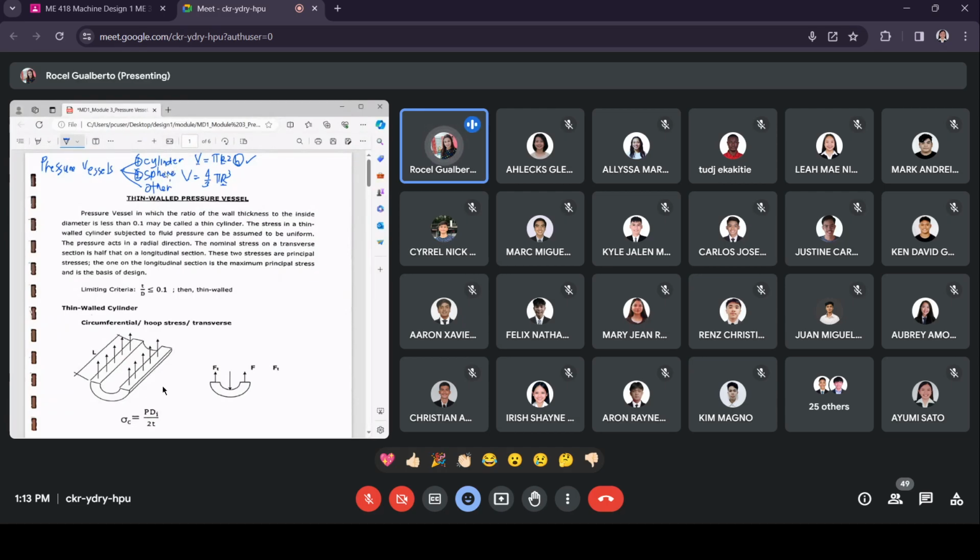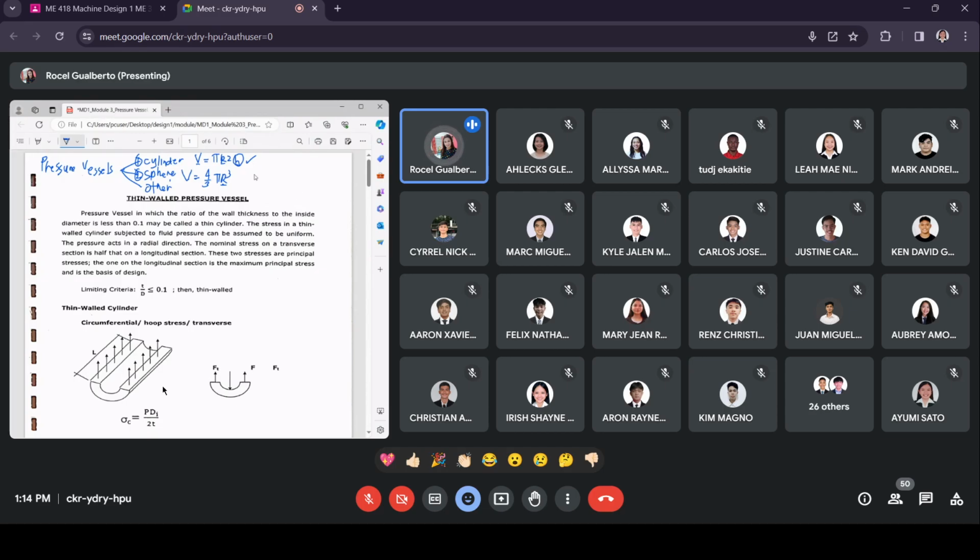There are industries that make use of spherical vessels, but they are limited only to fuel or fluid of small quantities only. It is because of the space that they will occupy. So again, in our design, we will be limiting our design to the most commonly used types of pressure vessel, which include the cylinder and the sphere.